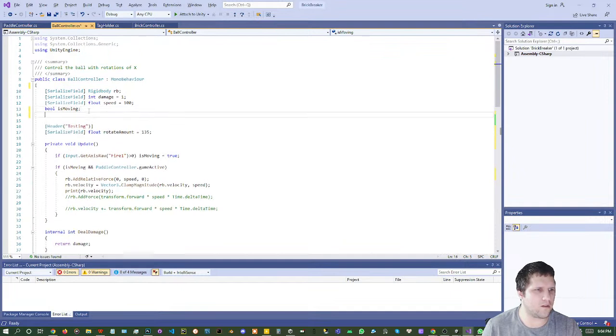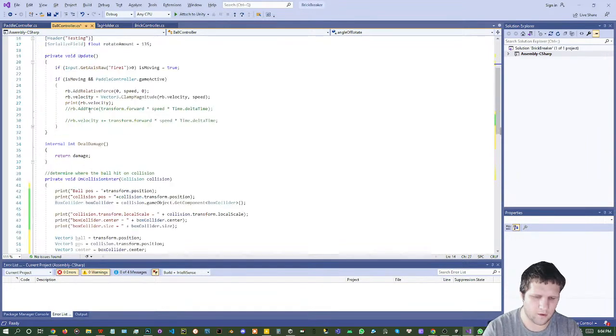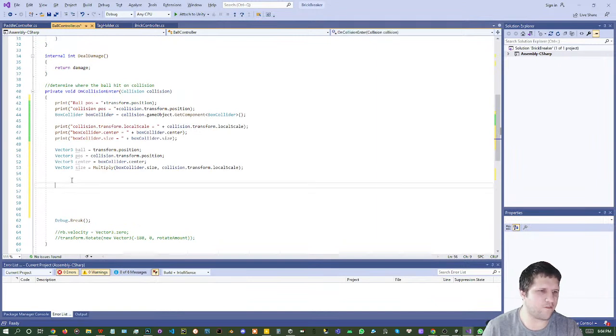Let's do this: float angle of rotate, and we will set that to 45.